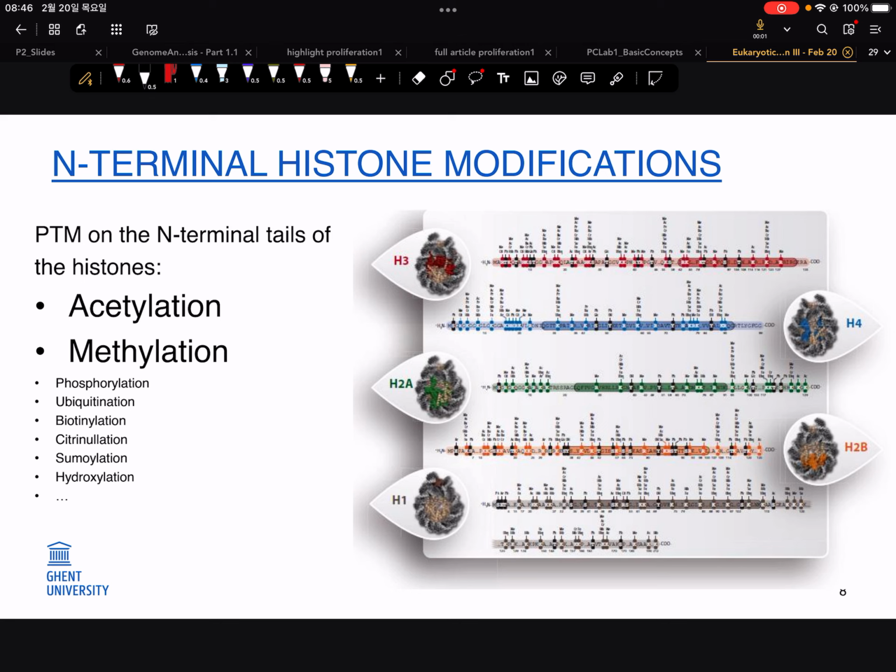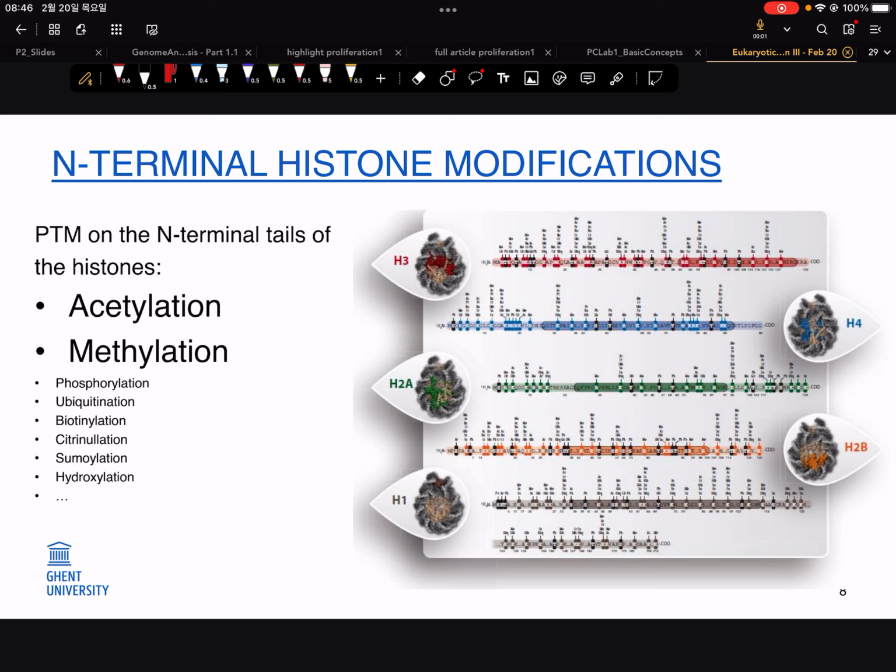So histone modifications are N-terminal post-translational modifications. Post-translational modification on the N-terminus of the histones. And there are quite a lot, more and more, let's say every month a new one is discovered.